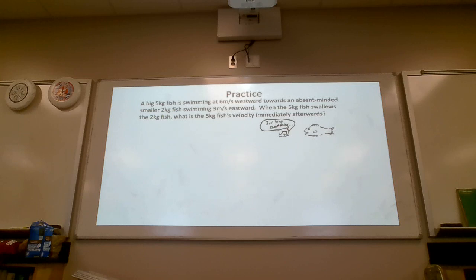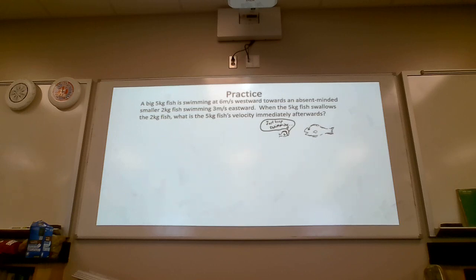Okay, so step one, what objects should we put in our system? There are 2 fish. Step 2, we define which direction to be positive. Now, if I was you doing a homework problem, I would make west positive because I would assume that's the way it's going to be moving at the end.